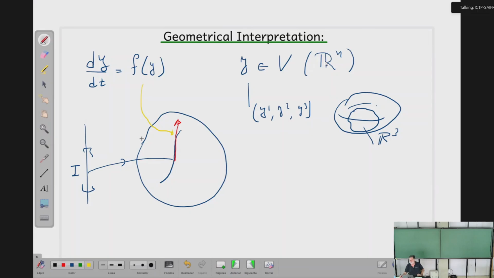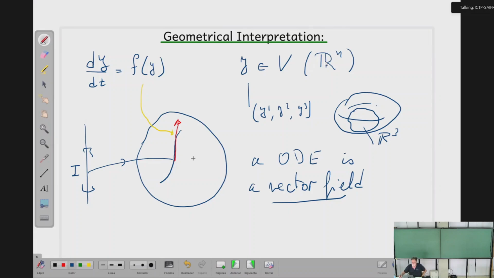Okay? Nothing else. So an ordinary differential equation is a vector field. That's all. When somebody tells you I have this ordinary differential equation, you say, okay, this is a vector field. Show me the vector field. Right?